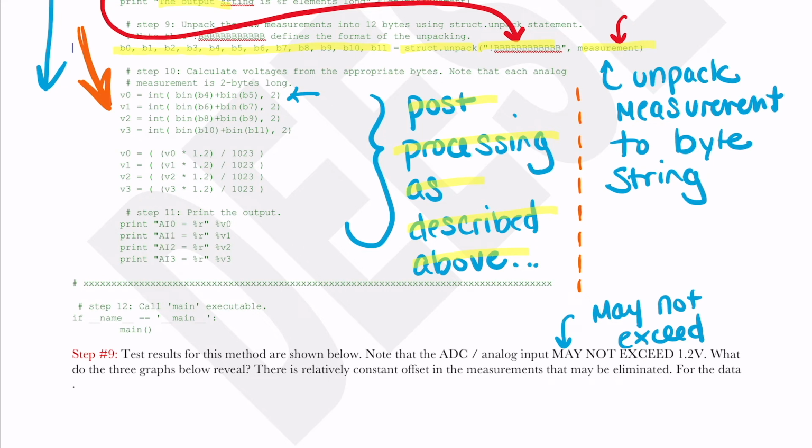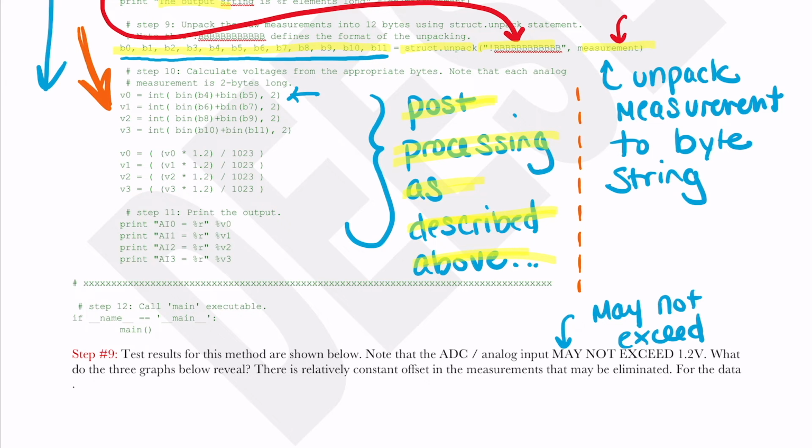We were at the point where we were post-processing and trying to extract the values from the raw data that is returned to us. So right here, we have our raw data as a set of bytes.